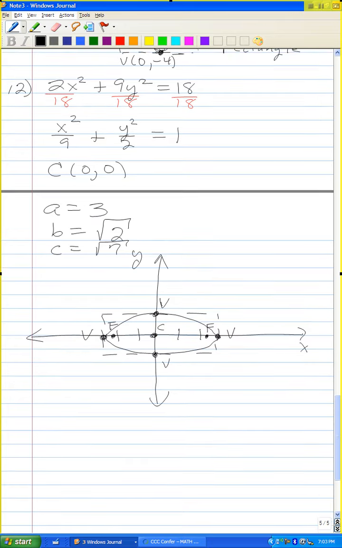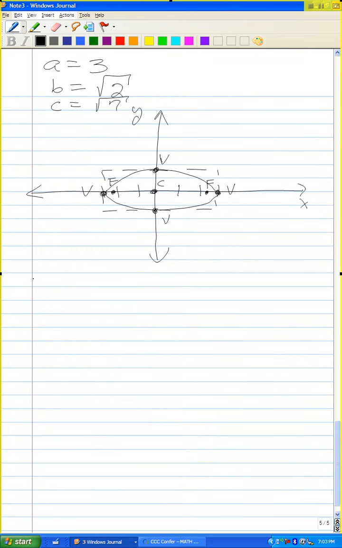Let me do problem 26. 12. (x plus 2) squared, 3. (y plus 1) squared is equal to 12. In exercises 15 through 26, find the center, h, k, length of the axes, and graph each of the given ellipses. Okay, so let me do that. So let me divide both sides of my equation by 12.